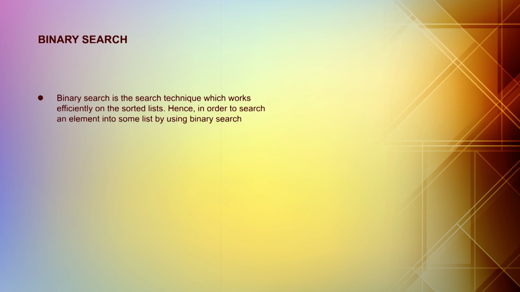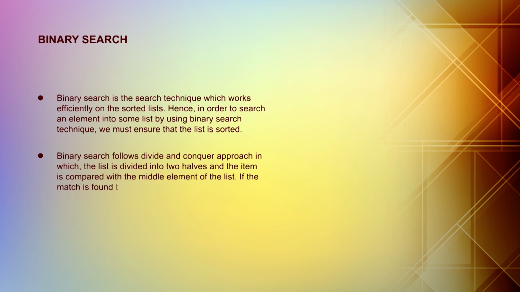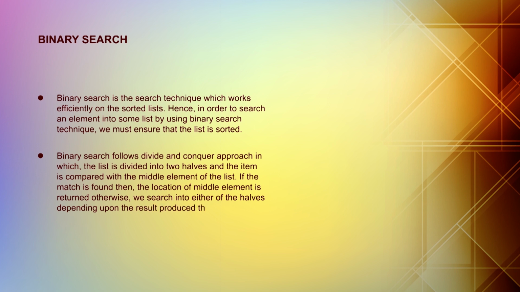Hence, in order to search for an element in a list using the binary search technique, we must ensure that the list is sorted. This condition applies. In a linear search, you don't require the items to be sorted or unsorted, but in a binary search it is mandatory that your items are in sorted order.